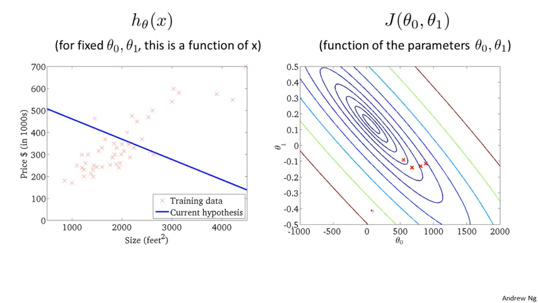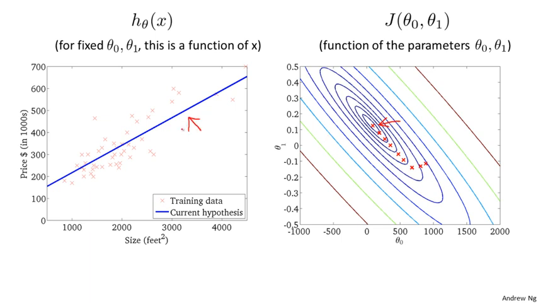As I take further steps, I'm going down in cost, so my parameters follow this trajectory. On the left, this corresponds to hypotheses that seem to be getting better and better fits to the data, until eventually I've wound up at the global minimum, and this global minimum corresponds to this hypothesis, which gives me a good fit to the data.